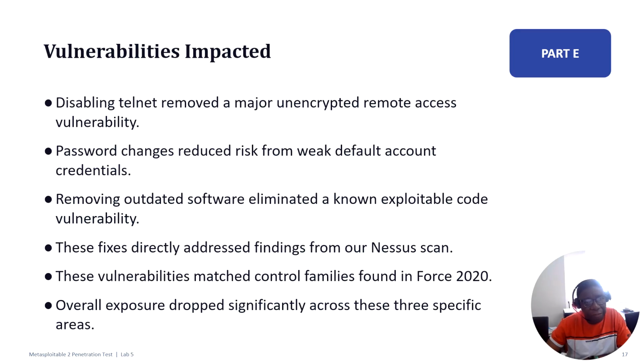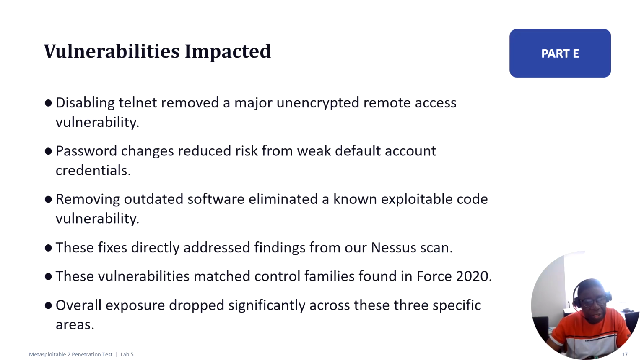Let's talk about what these changes actually achieved. Disabling that unnecessary service removed an unencrypted remote access port that could have been exploited easily. The password change directly reduced the risk tied to weak default credentials, and removing the outdated application eliminated a known exploited piece of vulnerable code.